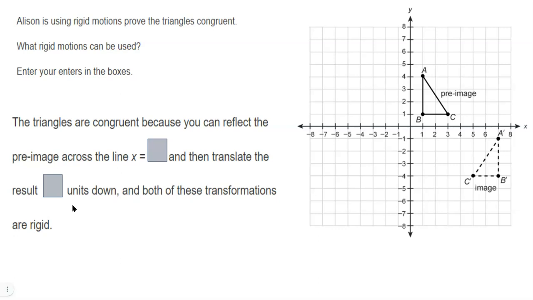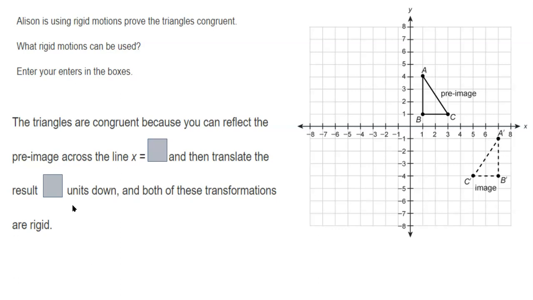Allison is using rigid motion to prove the triangles are congruent. What rigid motion can be used? Enter your answers in the box. The triangles are congruent because you can reflect the pre-image across the X and then translate the result blank units down.